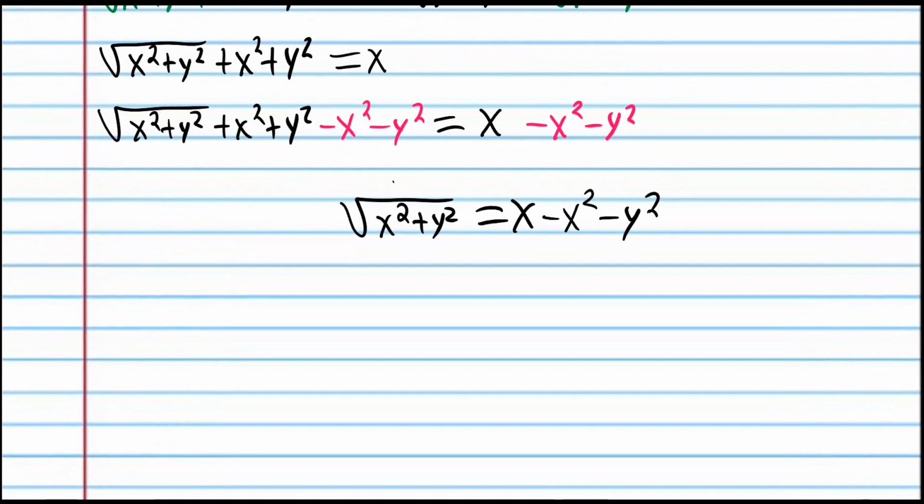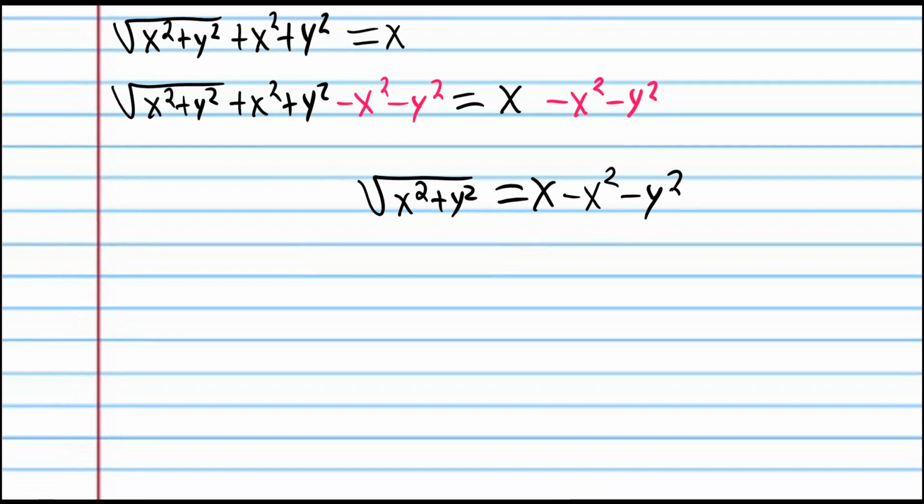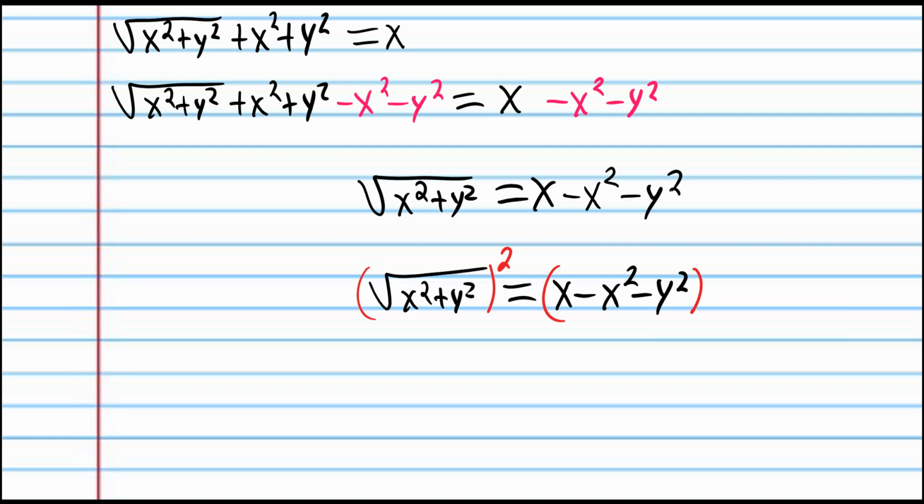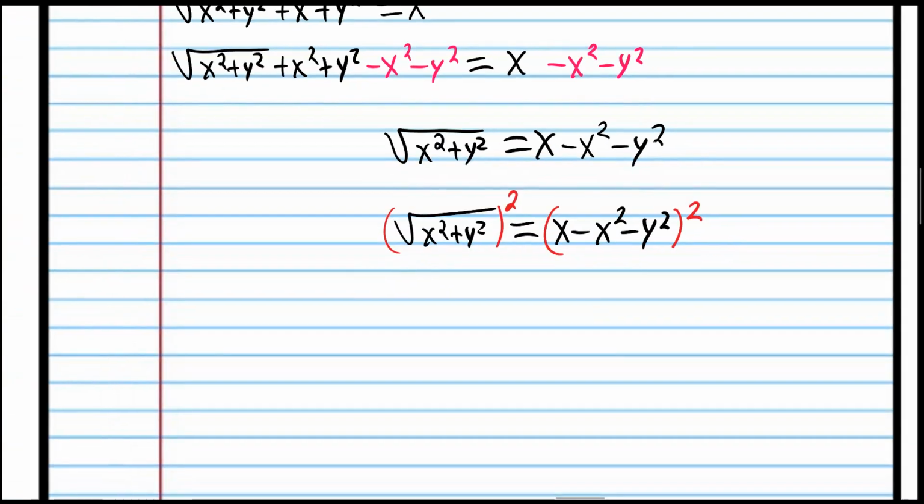So now I can avoid this square root problem, the issue where we need a plus or minus symbol. You never really see the plus or minus symbols written, and that's why we have to do this. So I'm going to square both sides of the equation. And that's going to get rid of that square root.